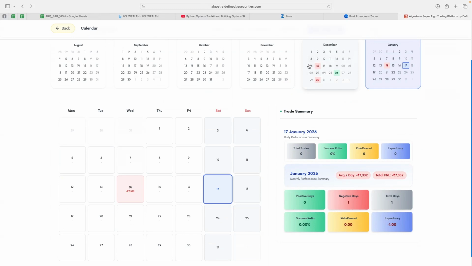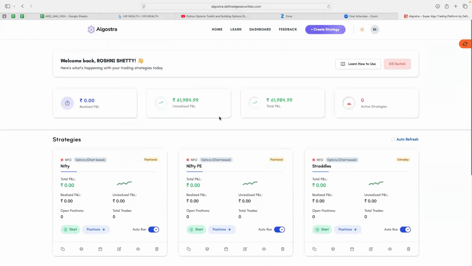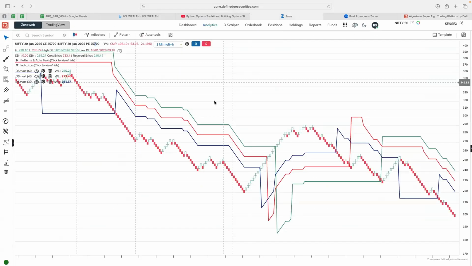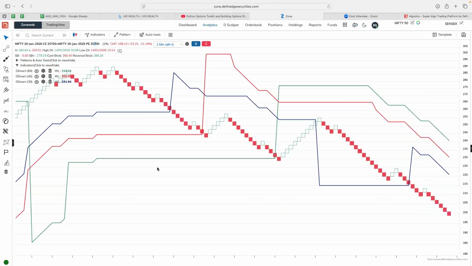This is the system that is getting triggered on our Telegram channel where it says Nifty CE buy or PE buy or whatever. How can we get so many triggers in one day, but Algostra doesn't pick a single trade on other days? I'm not saying it's a bad product. I'm saying it is not yet ready for our system.